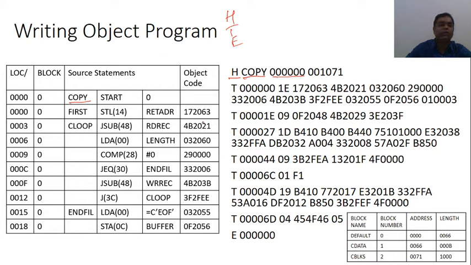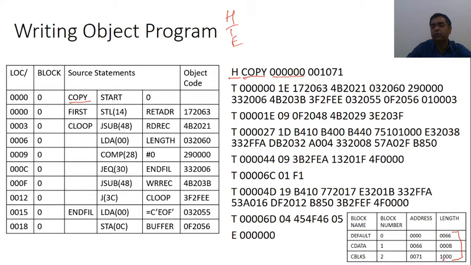Now we want to find out the size of this program. How will you find it? Just add the lengths of the various blocks given in the program. In this program only three blocks are present: one is default, another is CDATA, and the third is CBLKS. Just add the lengths of these blocks and you will get the size of the program.